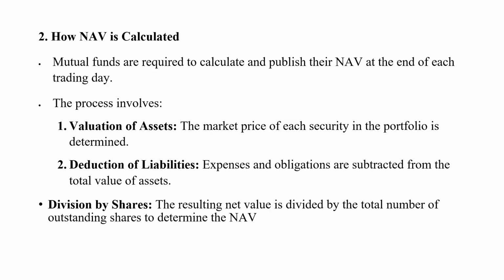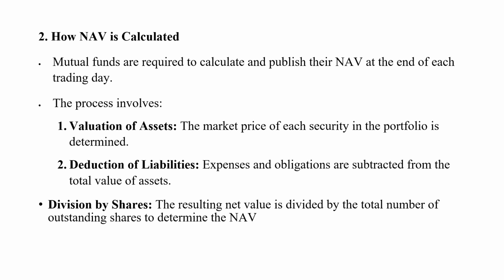The same thing, the first format as in component, second asset: mutual funds are required to calculate and publish their net asset value at the end of each trading day. Every trading day they need to identify it, and the process, as already said: the market price of each security in the portfolio is determined, then the liabilities, expenses or obligations are subtracted from the total value of assets, then you divide by shares, the resulting net value divided by the total number of outstanding shares.